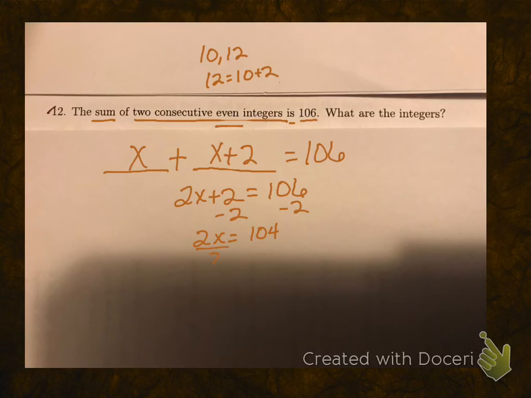Divide that by 2. X is equal to 52, excuse me. I looked at the 4. So, if x is 52, then x plus 2 is equal to 54.